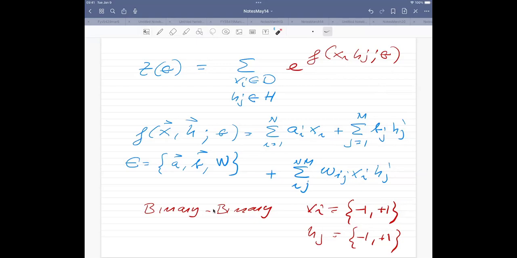But then they lost a lot of the steam because they were difficult to train. And then in 2010, convolutional neural networks hit the market, and they just wiped out all competitors. But these Boltzmann machines have gotten a revival classically.